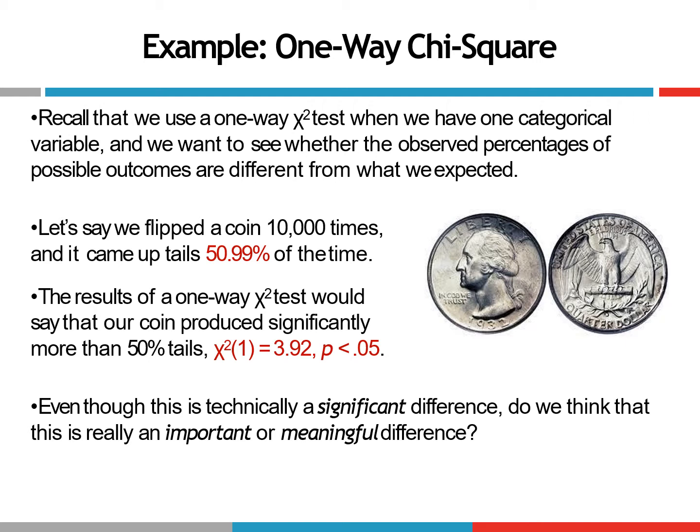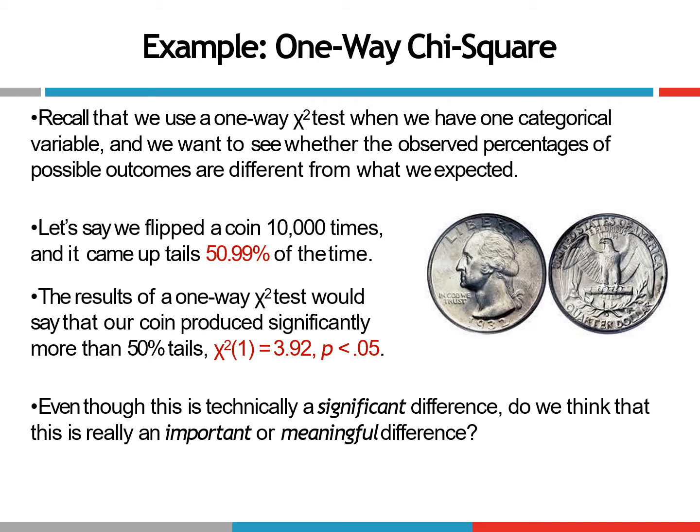So let's say the results of our one-way chi-square test indicate that our coin produced significantly more than 50% tails, right? So essentially the difference between the observed 50.99 and the expected 50% tails is significant.